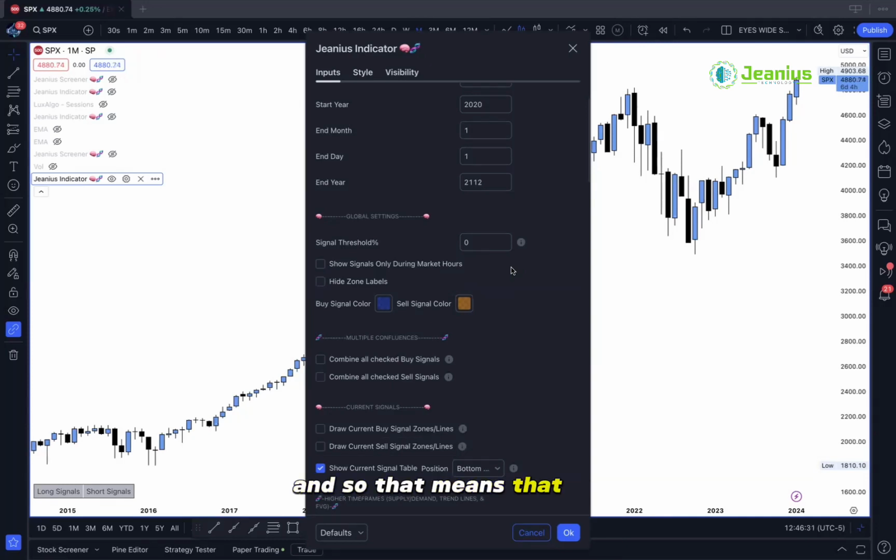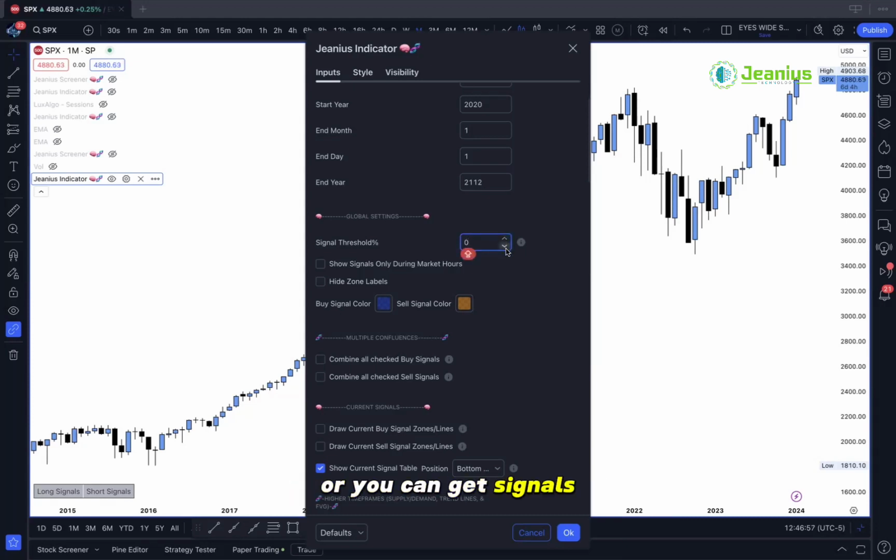It's saying that within what percentage you want this specific signal to be signaled. So say you're looking for a support area. A setting of 0 means that support has to legitimately be touched. That means there's no space at all between the support and the price. That's actually pretty important, because if you set this too high, you could get false signals.